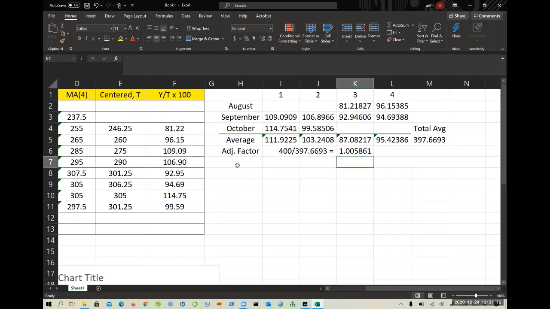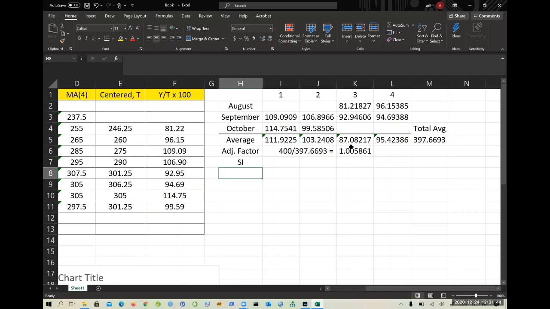So lastly, then you can calculate the seasonal index. Since we are using the multiplicative model, to calculate the seasonal index, you just multiply the average with the adjustment factor.